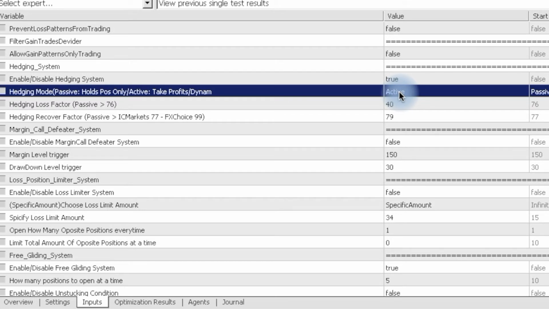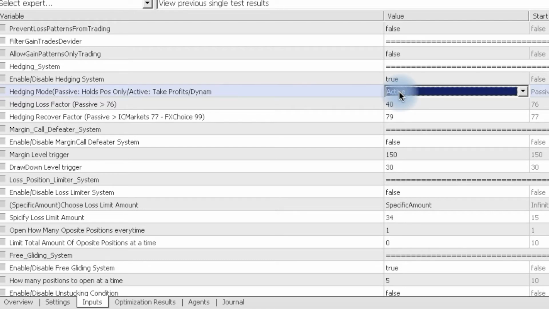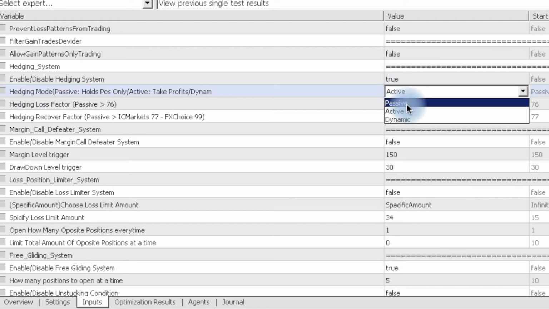And then when it sees another profit, it will take it again and open another sell. So the active is totally the opposite of passive mode. And the last one is a combination of passive and active.